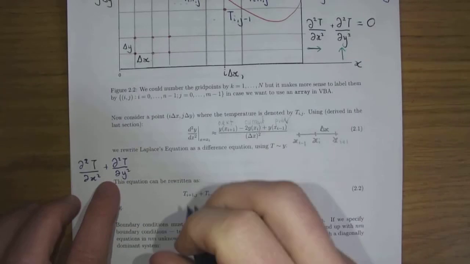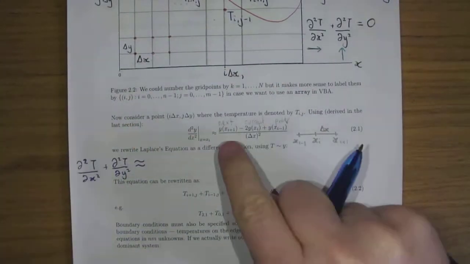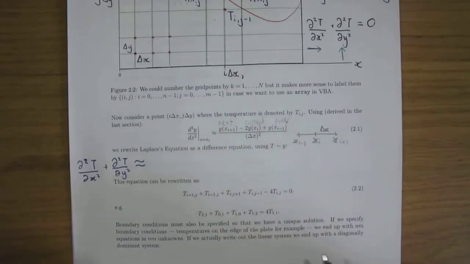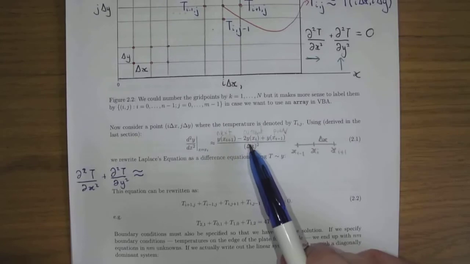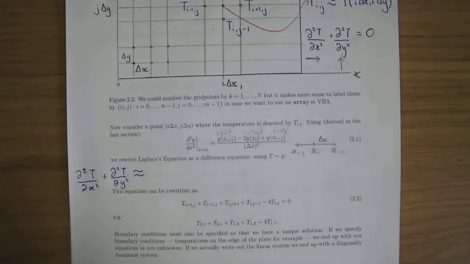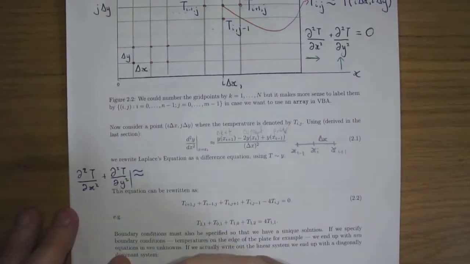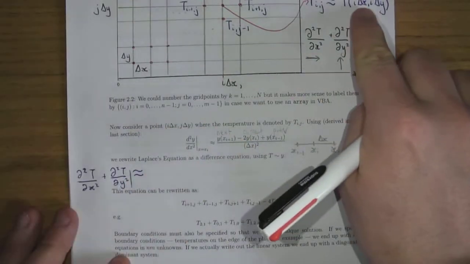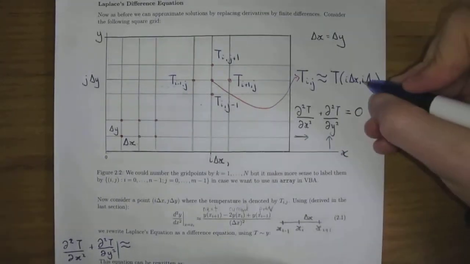And now this is equal to 0, but we're going to approximate this. Okay, so we're going to use this thing here. Next, current and previous with respect to x, and we're evaluating this, we may as well say here, at the point given by i delta x, sorry, this should say j actually, j delta y.